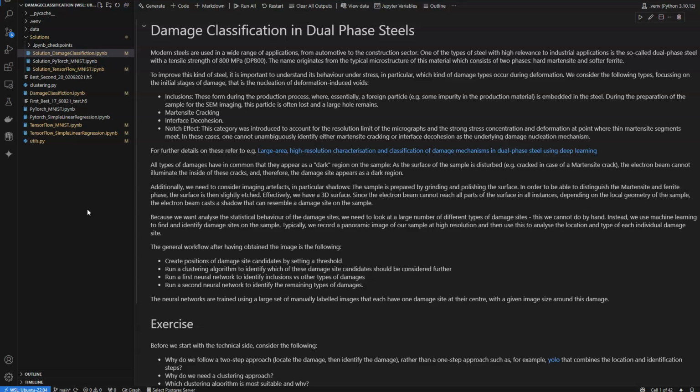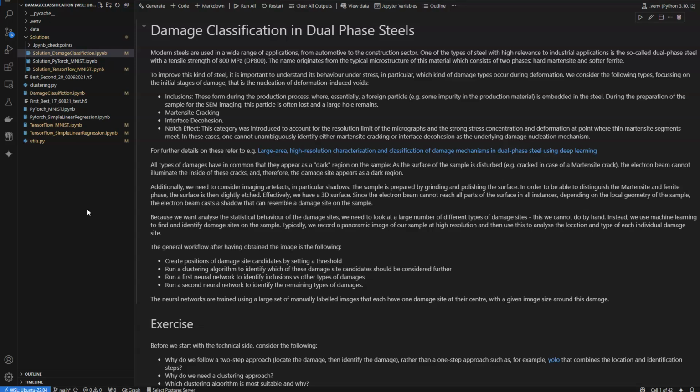Essentially, there's a foreign object or an impurity that gets embedded into the steel when it is produced, and then during the preparation of the sample, when we look at it with the electron microscope, this particle often falls out and we have a larger hole remaining. So this is a type of damage that's mainly related to the production process.